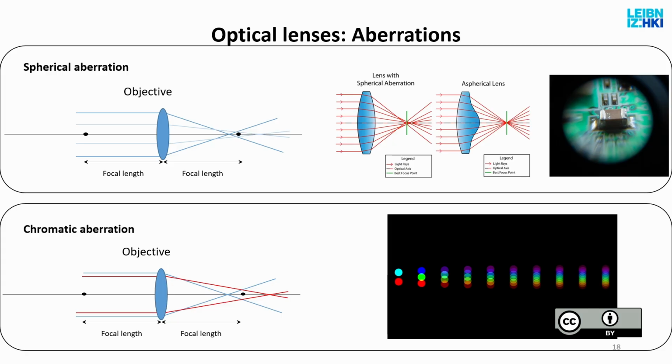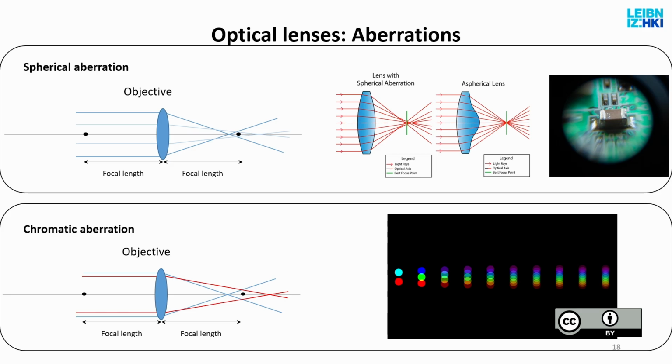So what happens is, let's say you have two color dots, let's say two molecules that you want to image in microscopy. One is red and one is a combination of blue and green, and you just expect them to overlap. With an objective lens which has chromatic aberration, they will be split.